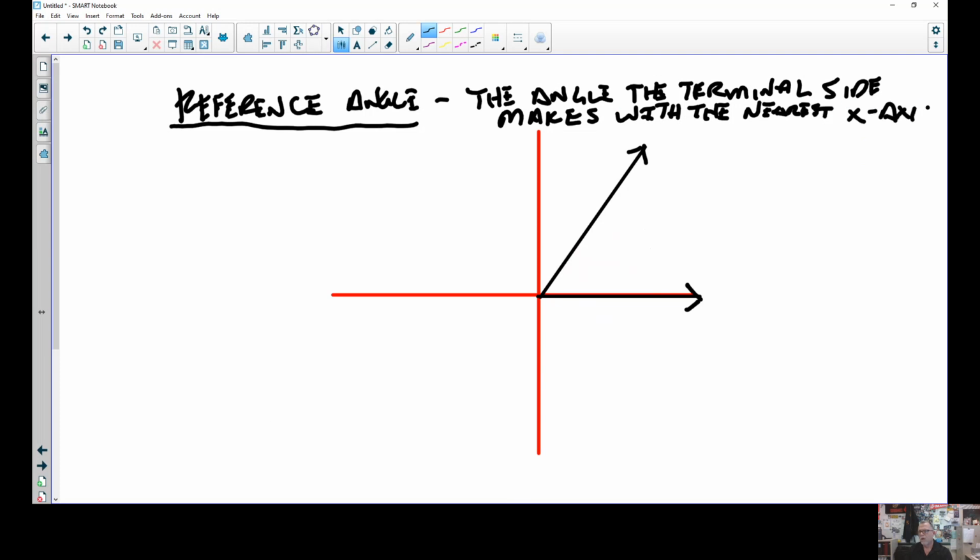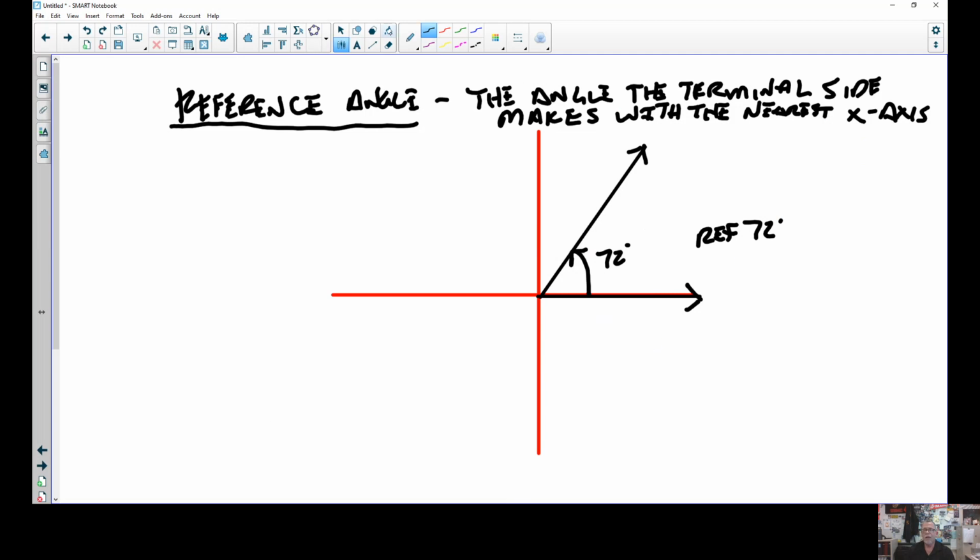So when I look at this angle in standard position, this is the angle. The angle it makes with the nearest x-axis is this angle. This is the closest thing to it. If I try to go to this side of the x-axis, by the nearest x-axis, I mean it's either this side or that side. If I go over here, that's not as near, not as close as this one. So whatever this angle is, it is its own reference angle. If this was, say, 72 degrees, the reference angle here would be 72 degrees.